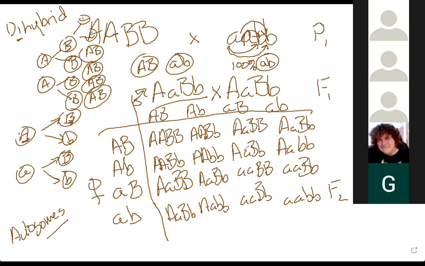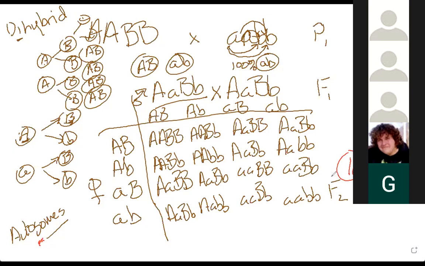One of the fun things of looking at these matrices, I'm going to change the color of my pen here. See if that worked. Ooh, it did. Okay. One of the fun things of looking at this, first of all, you should know that in every F2 dihybrid cross, how many total progeny are expected on average? It's a 4x4, right?